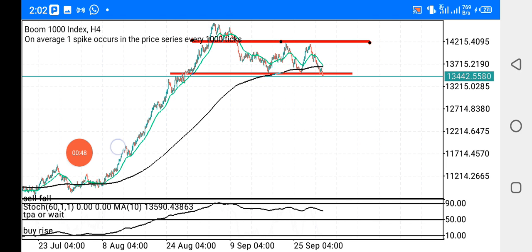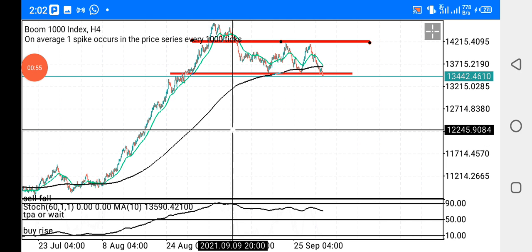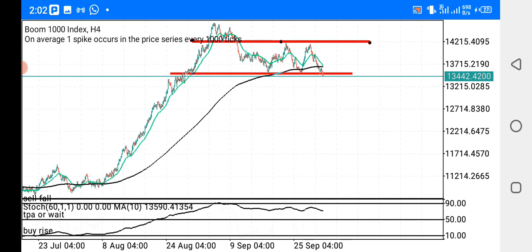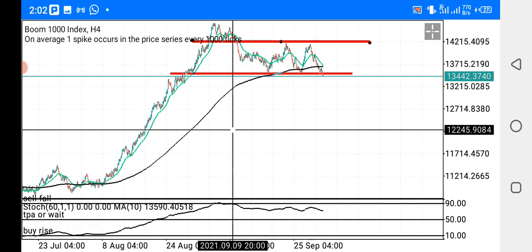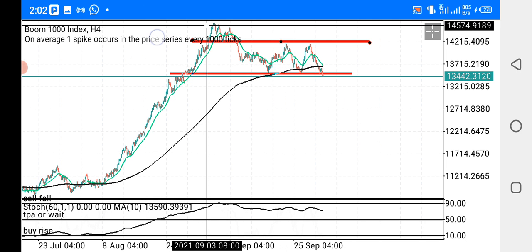I'm going to show you why. You see this price? That's the maximum price, 14,474.